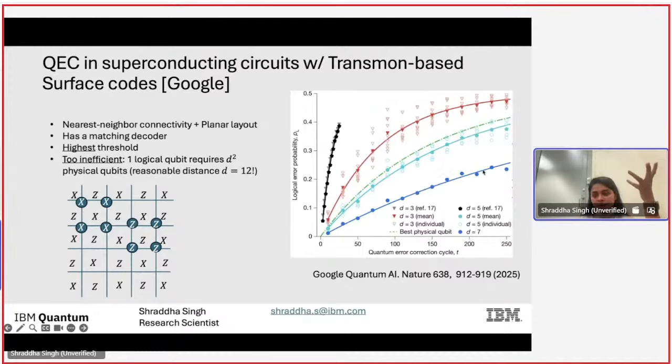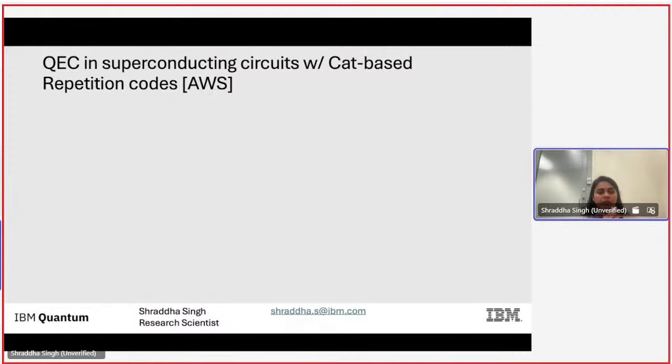For a larger code with distance 7, which took about 100 qubits on the recently introduced Willow chip, this code actually gives you a lower logical error rate compared to the d equals 5 or d equals 3 lattice, which require a lower number of qubits. So by increasing the number of qubits, you can actually protect yourself better against errors in quantum states. And this was a very, very important demonstration for quantum error correction.